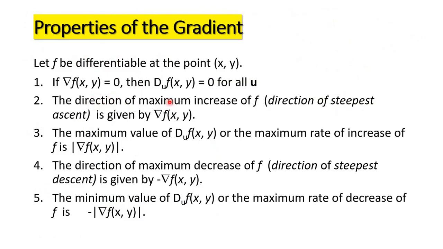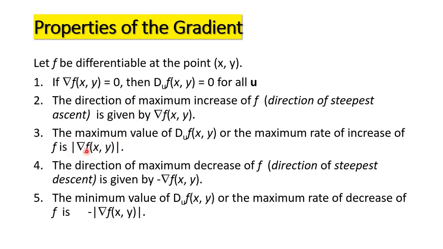And the direction of maximum increase of f: so we want to know where the direction is. The direction is given by the direction of the gradient vector. The direction of maximum decrease will be the negative of the gradient vector, because for the gradient vector, we have the direction and the magnitude.